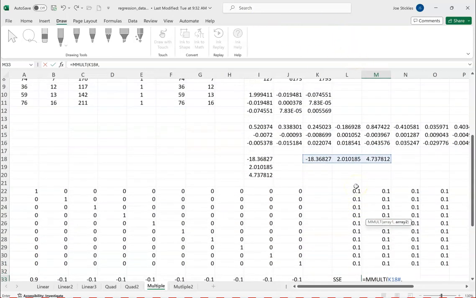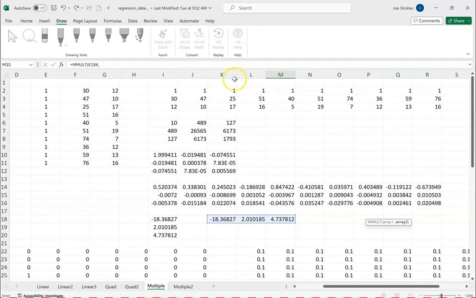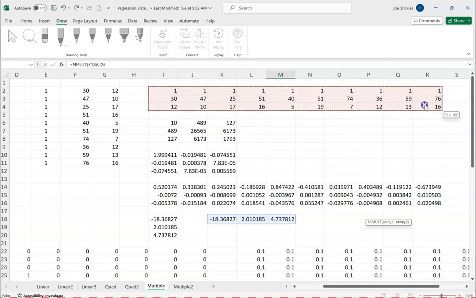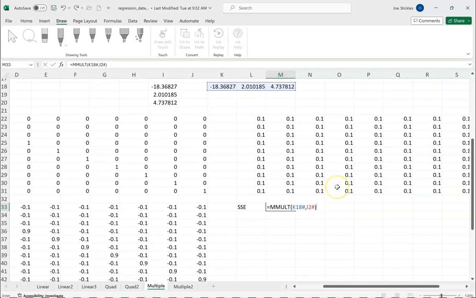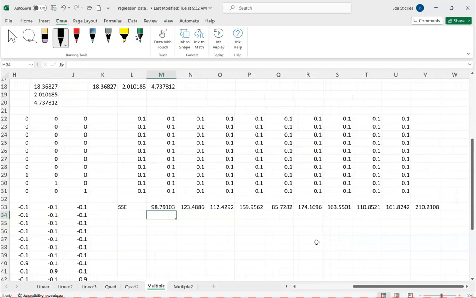X transpose is somewhere up at the top of the page here, right? Up here. So back down there, there's my command. I should see a single row at that point after I do that multiplication.